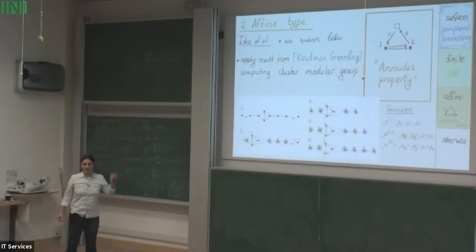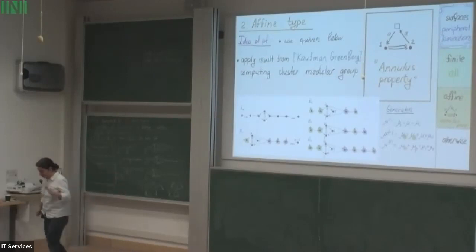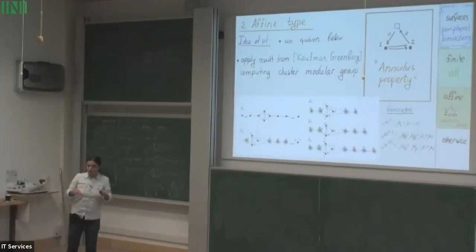These generators do not keep everything intact. They change something, but in a very controllable way. You can see that what they change is finite, and for every generator you can control them and see that in total this is still finite. So this is the plan, and this is the answer for affine.